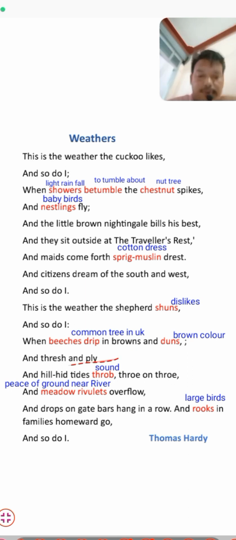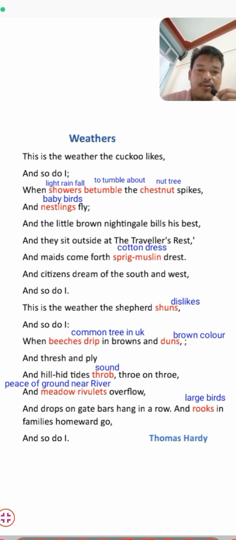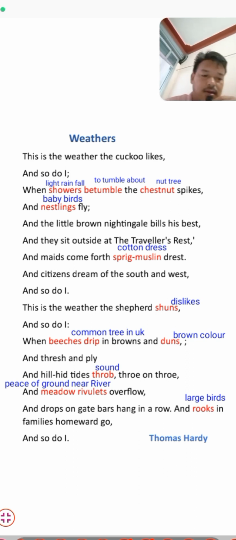And students, the beech turns dry and brown, and its leaves are thrashed by the wind. So during the winter season, the leaves of the trees become yellowish and fall down, due to the blow of the winds, and the water drops hang from the wooden bar.